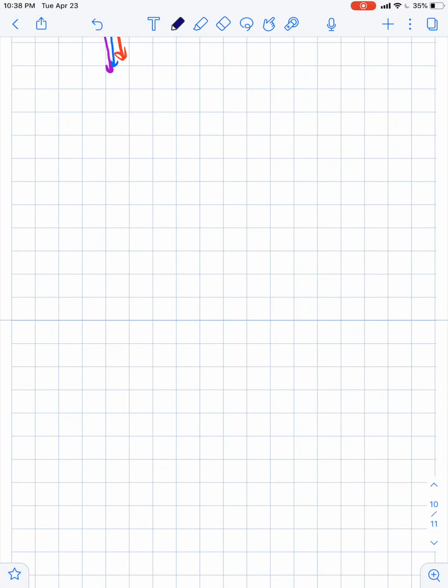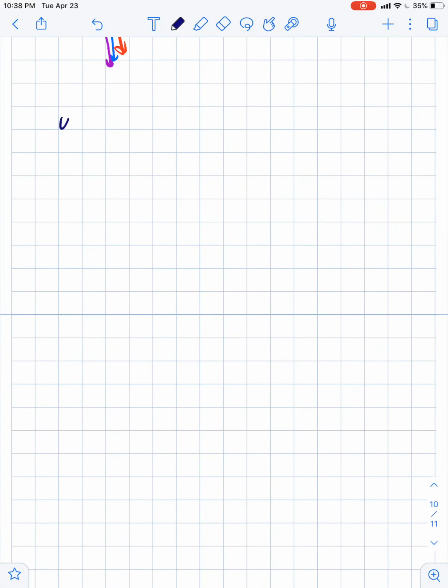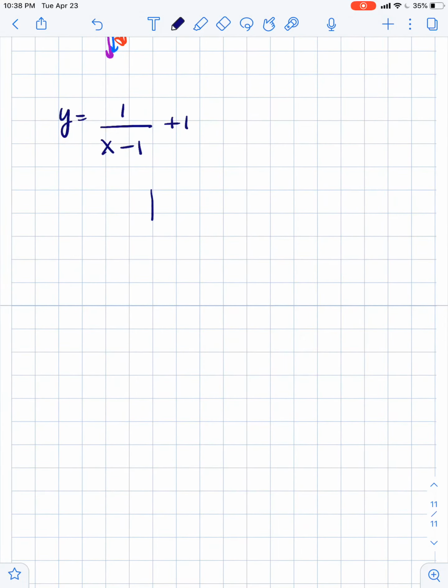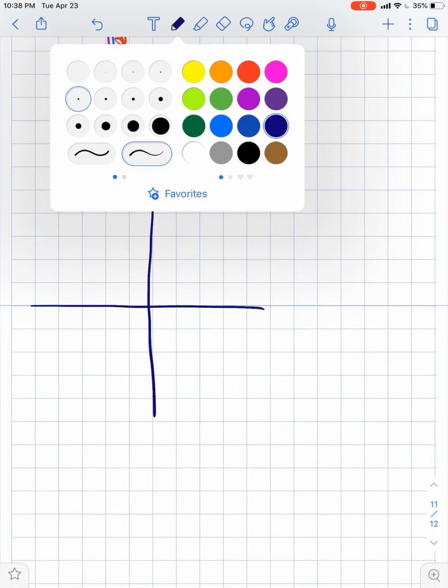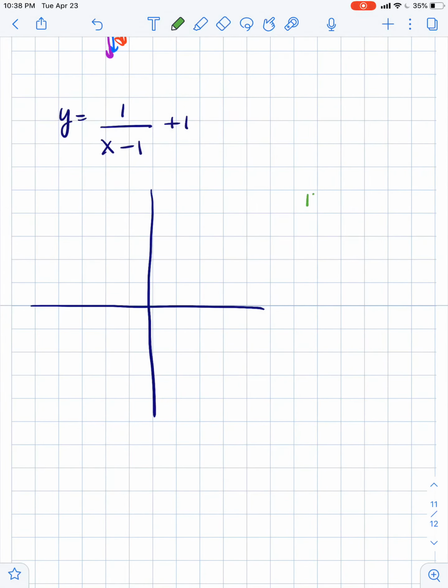So if I have y equals, I'm just going to put the 1 on top, 1 over x minus 1, plus 1. Okay? So let's look at what that does to my graph. So normally my vertical asymptote is at 0.